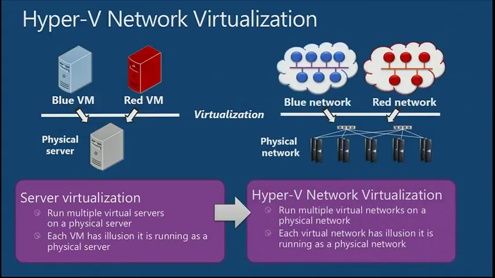Same concept with network virtualization. We can pick up a network and run that virtual network on a physical network, and the virtual network thinks it's running as a physical network, and it doesn't really see the topology underneath your physical network.